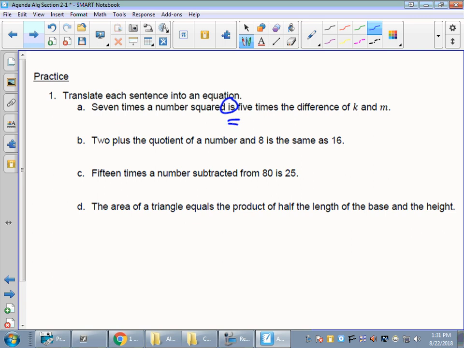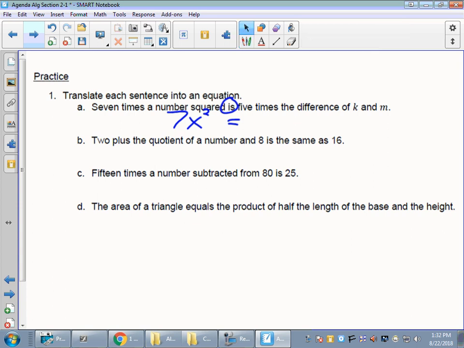So on the left side of this, we've got 7 times a number squared. We should be able to do this now. So 7, and we don't know the number, so we can use a variable, x, and we're squaring that. So 7x squared. You can use any variable you want. X is just easy for teachers to throw in there. Now the other side, you've got 5 times the difference of k and m.